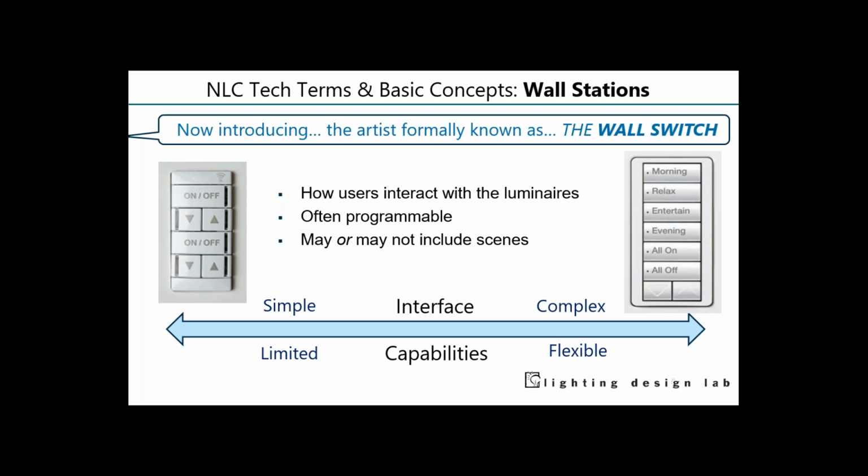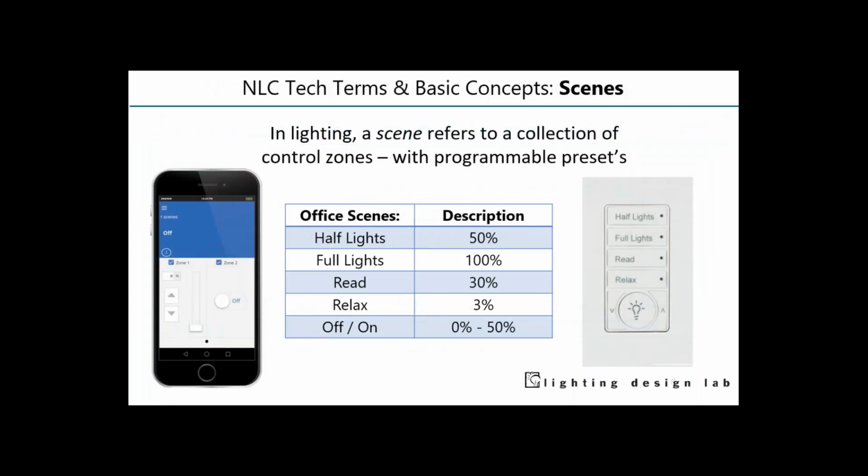And then sometimes you will see some that are controlling multiple zones with multiple scenes. That wall station is more complex, but it allows a lot of flexibility. You all remember the parable of the young woman and the porridge, and probably somewhere in the middle is just right. So stay tuned. We're going to talk about this one more as we go forward.